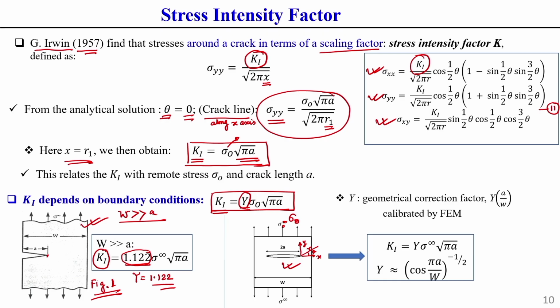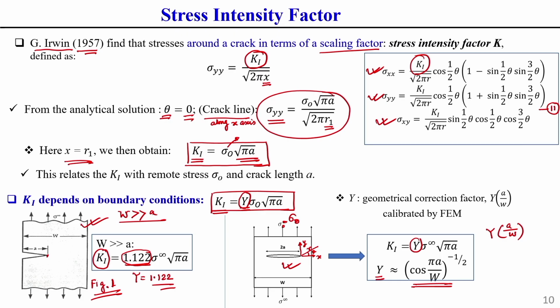In this case, this geometrical correction factor Y is a function of A by W. How is it? It is observed that Y depends on the square root of secant of pi A by W. Keep this in mind. So, if the A by W ratio varies, then the Y value will vary.